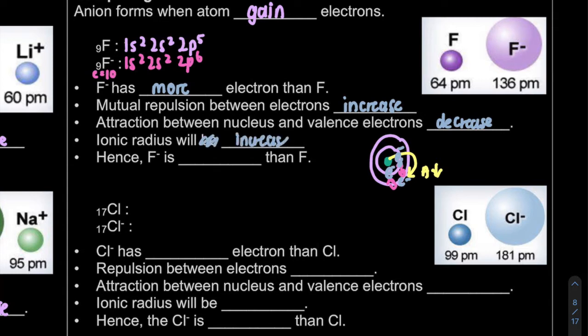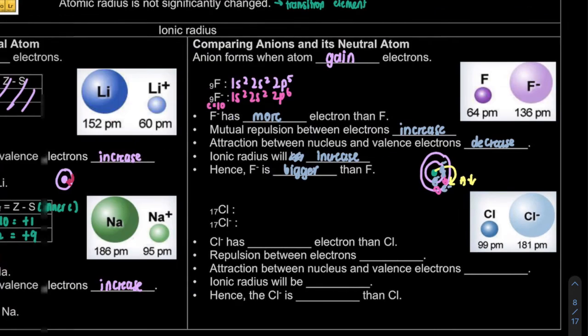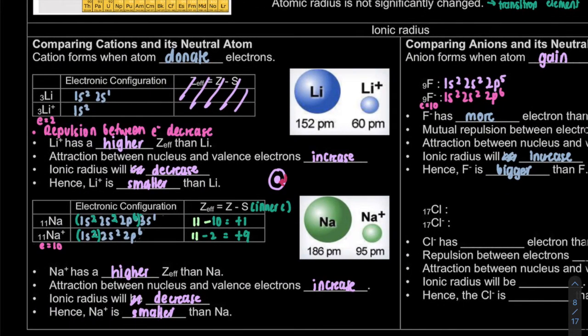Hence, F minus is bigger, because more electrons means more repulsion, so less attraction and a larger radius. So for anions, we compare in terms of electron; for cations, we compare in terms of ZEF.